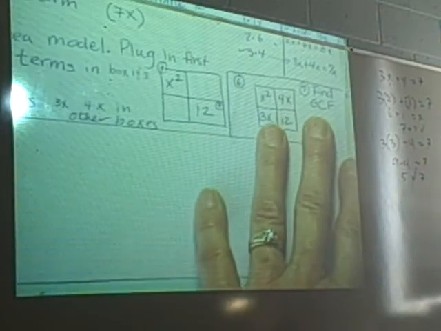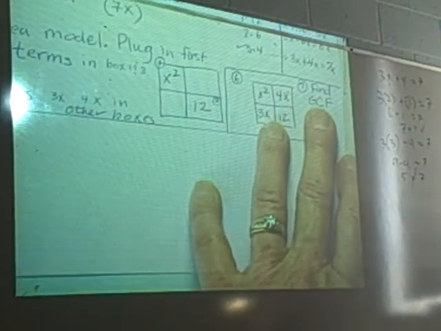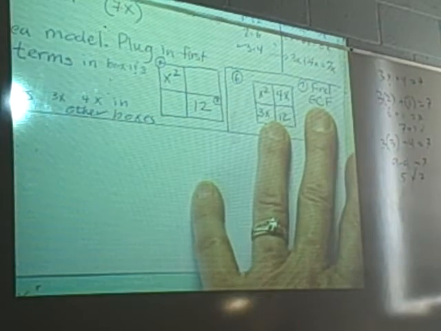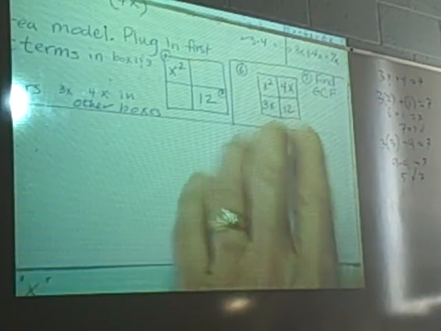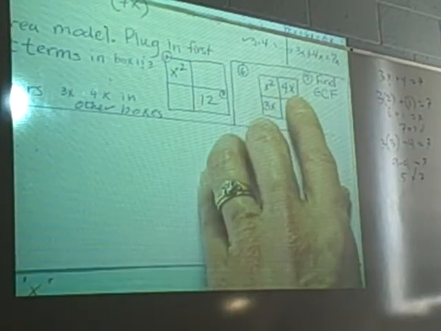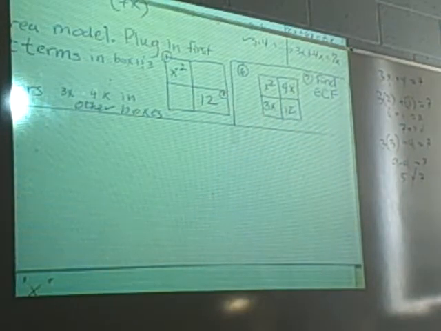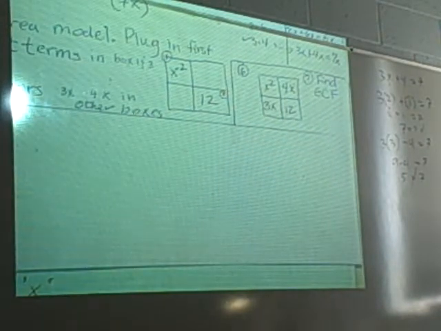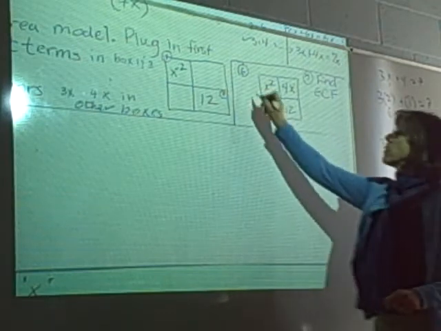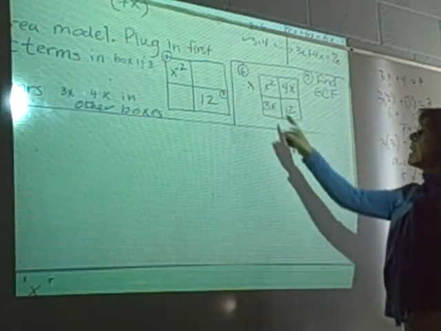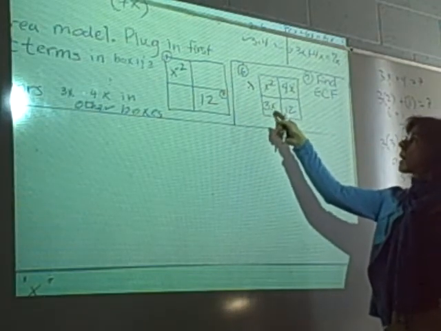And then we're going to find the GCF. Okay, what does GCF stand for? Greatest common factor. So I'm just looking across here, x squared and 4x. What do they have in common? X. Okay, so I know that the GCF is x. And what about over here, 3x and 12?